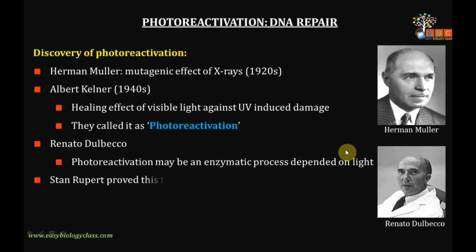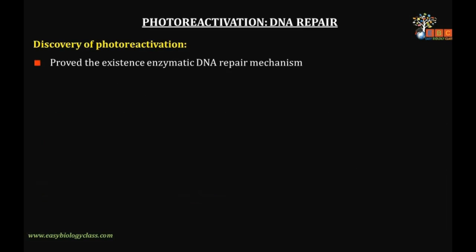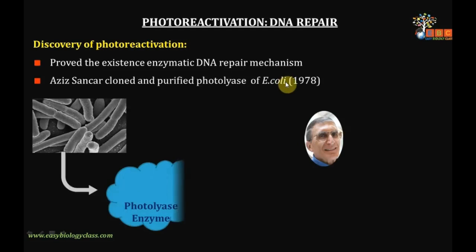Immediately after this, Stan Rupert proved Dulbecco's theory of enzymatic photoreactivation, and he named the enzyme photolyase for the first time. The discovery of photolyase was very remarkable in the scientific community because for the first time it proved the existence of such an enzymatic DNA repair mechanism in the cell. Then in 1978, Professor Sancar cloned and purified the photolyase enzyme of E. coli.